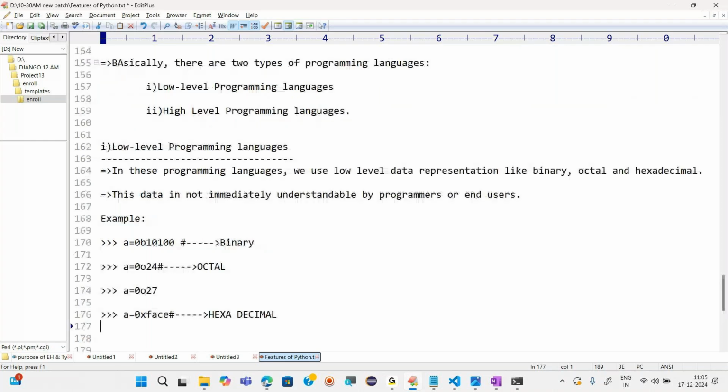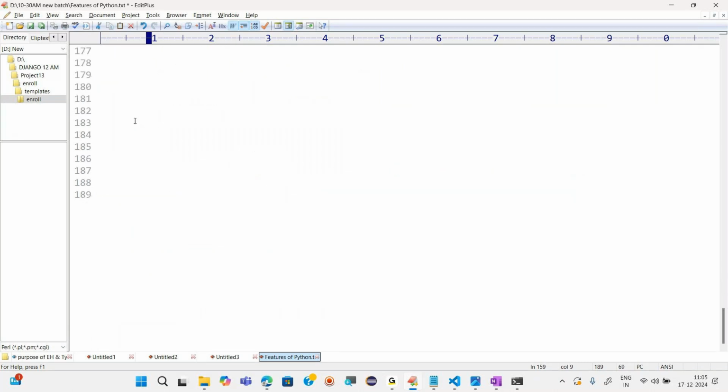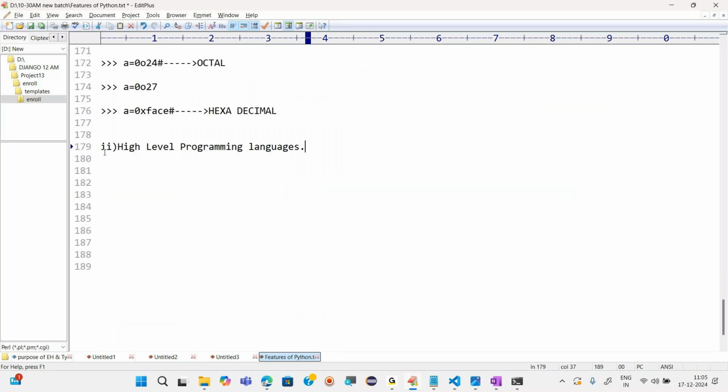Now the thing is, what is high level data then? Even though we provide low level data to our Python programming, it is able to convert those low level data into high level data.